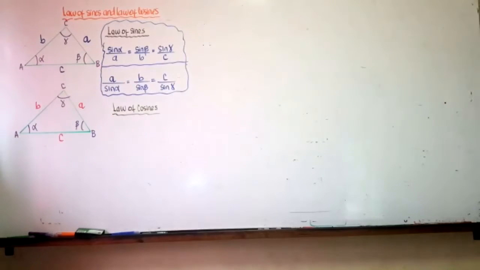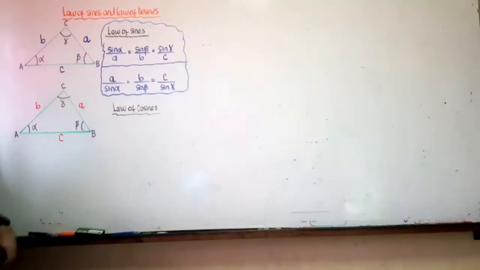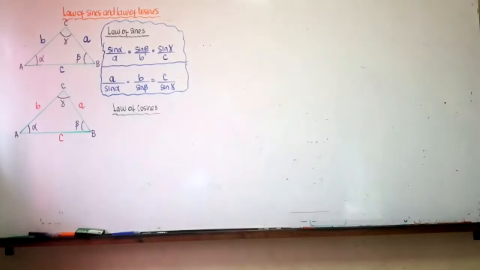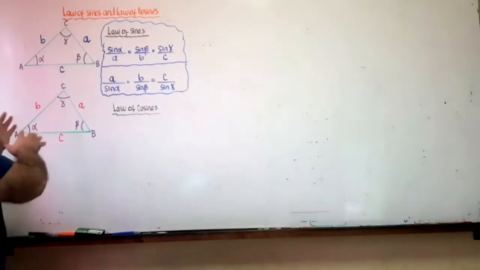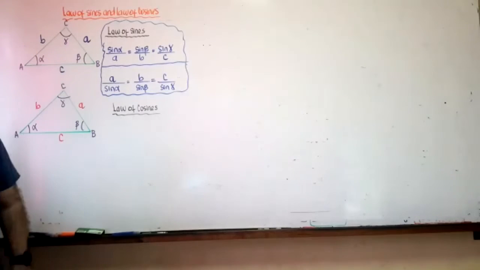In that case, I'm going to use the law of cosines. Or the other case, when we have the three sides of the triangle but we don't know the measure of the angles. If these two requirements are not met, we have to use the law of sines.